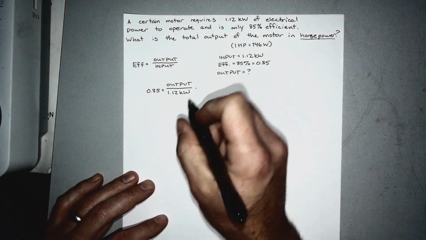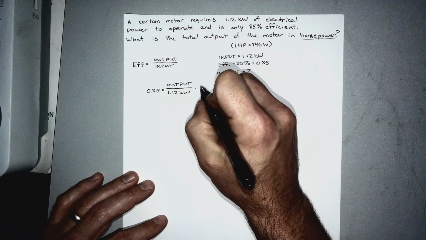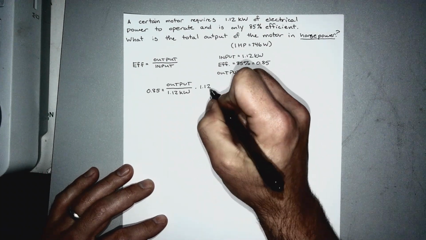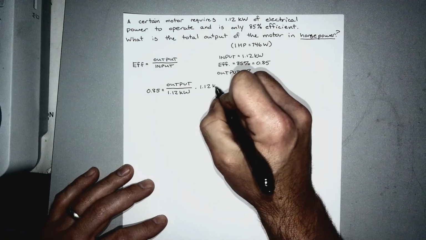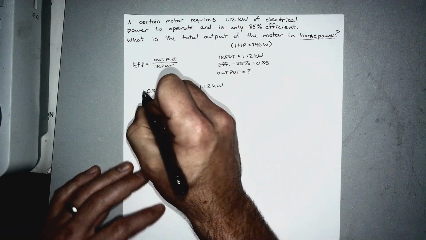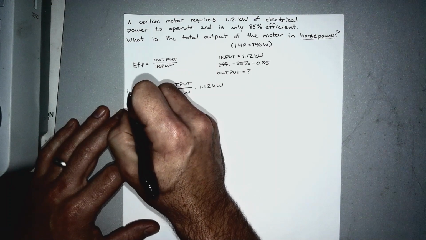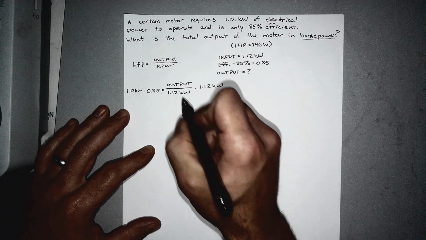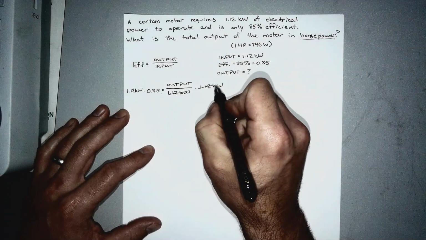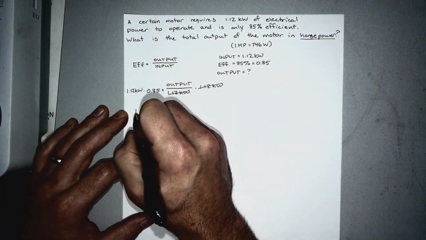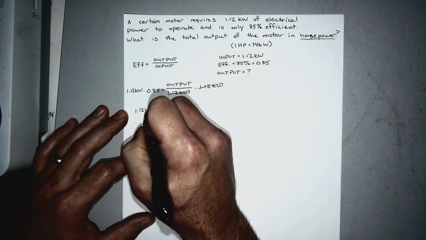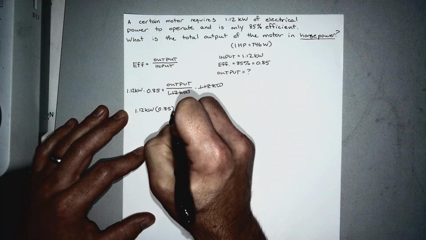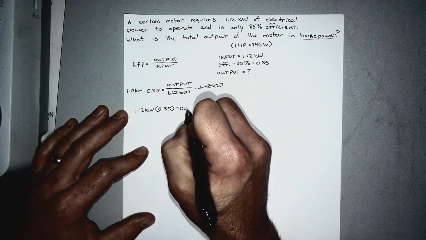And so, because this is a division problem, I need to cancel that out with a multiplication problem. That's what that dot's for. So we multiply times 1.12 kilowatts, and we do that on both sides to maintain the equal. That cancels this out, and that leaves us with 1.12 kilowatts times 0.85 is going to be equal to our output.